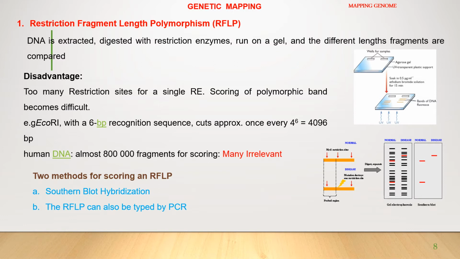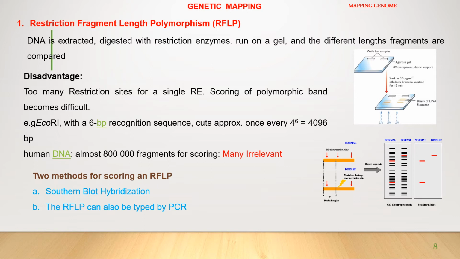The main disadvantage of directly scoring restriction enzyme digested DNA on agarose gel is there are many restriction sites for a particular restriction enzyme and hence would give many fragments of varying lengths. Out of these, only few are polymorphic. Example, in case of restriction enzyme EcoR1, the restriction site is repeated approximately every 4096 base pairs apart.